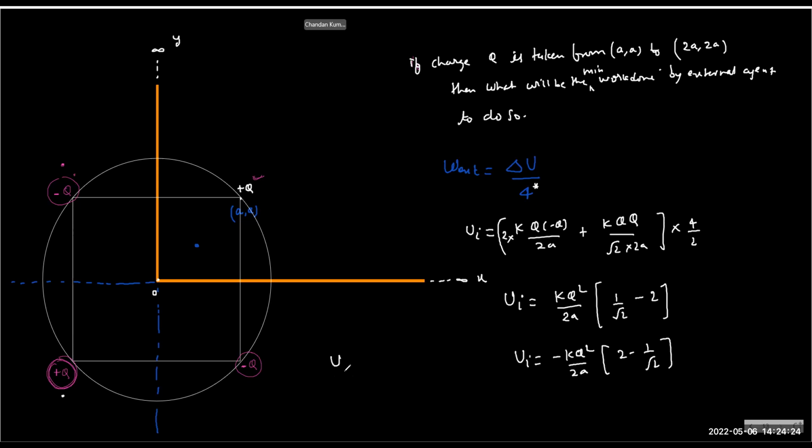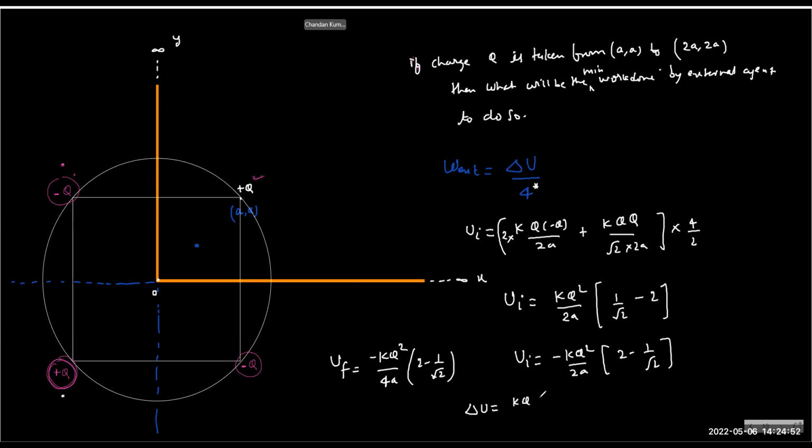So the final we need not calculate, we can just substitute A by 2A, right? And therefore, the delta U will be how much? Minus KQ square by 4A into 2 minus 1 by root 2.